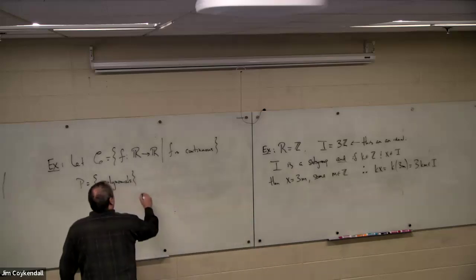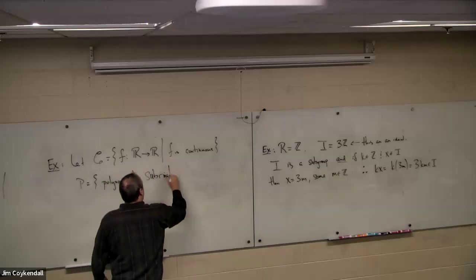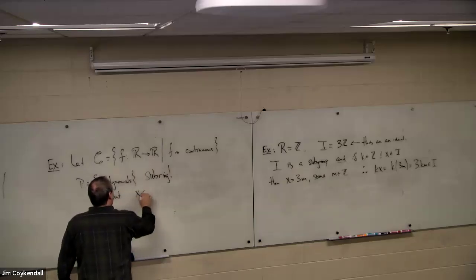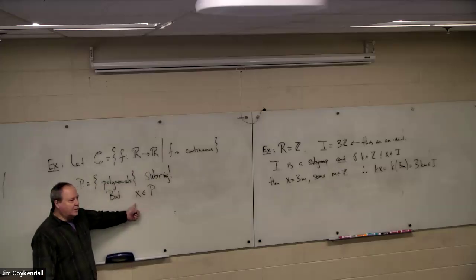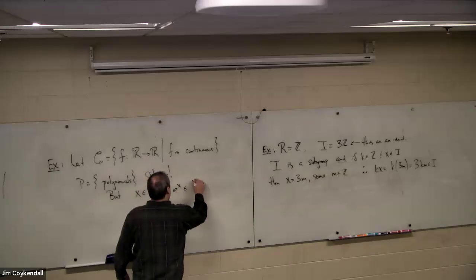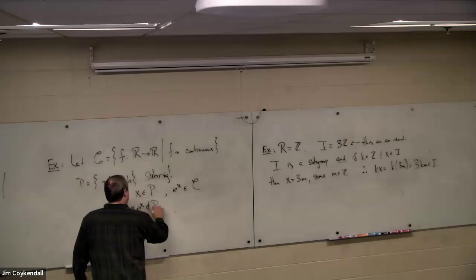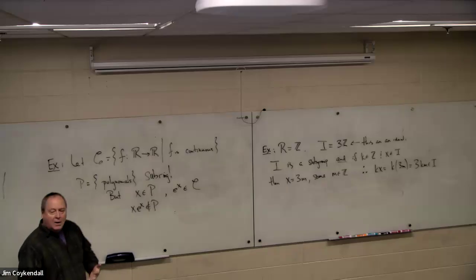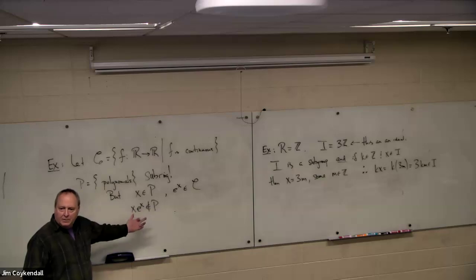So for example, this is a subring for sure, but x is in P, I just took this simple example because x is a polynomial, and e to the x is in C, but x times e to the x is not in P. So that's a great example of a subring that's not an ideal, because the vacuum cleaner ain't working. This isn't a polynomial, right?